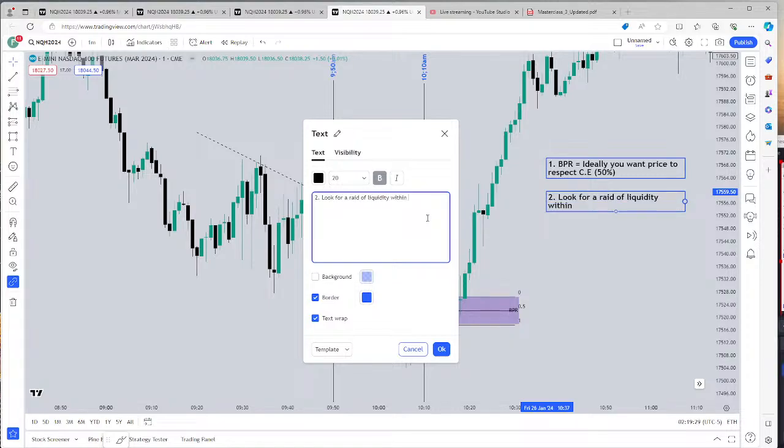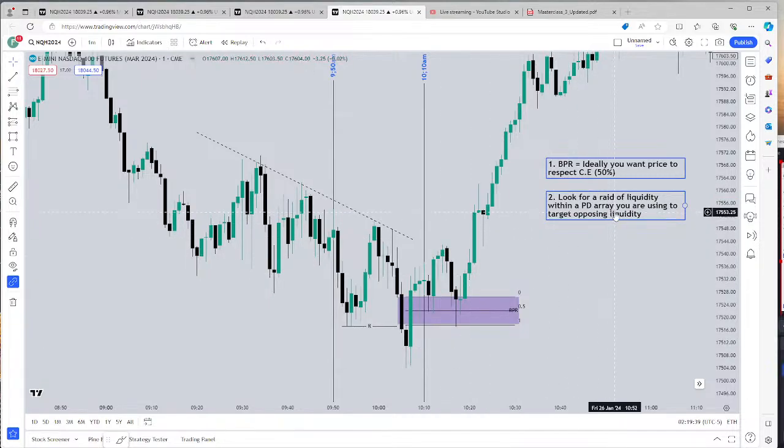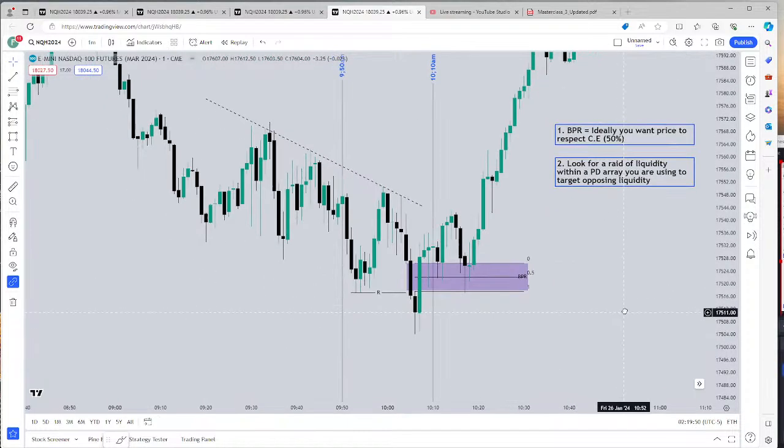I'll write this out, and read that to yourself. Look for a raid of liquidity within a PD array you're using to target the opposing liquidity. And see if that makes sense.